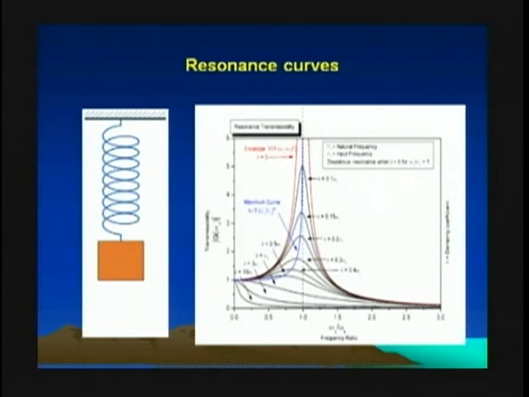And on the vertical axis, you see the amplitude of vibrations, assuming that you do have an external force, but of a unit amplitude. And let's look at a couple of typical curves here.